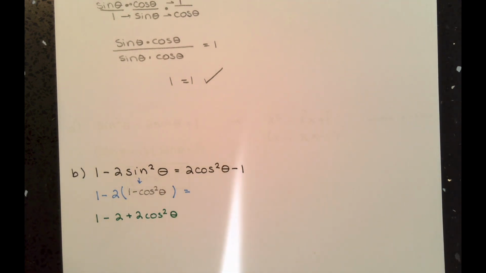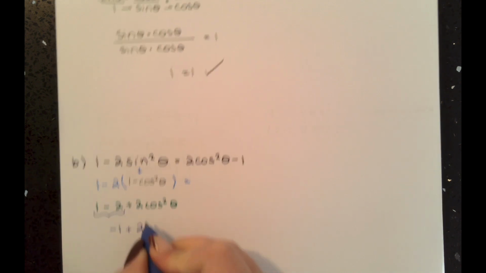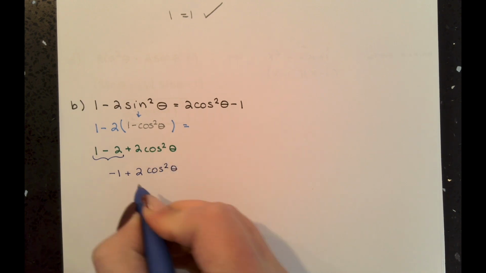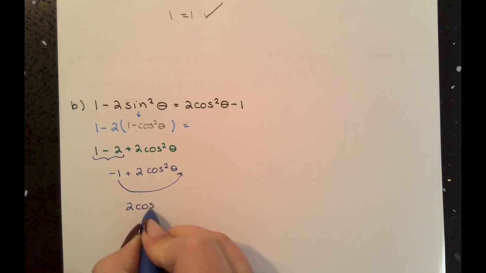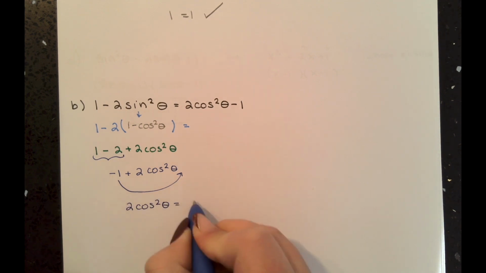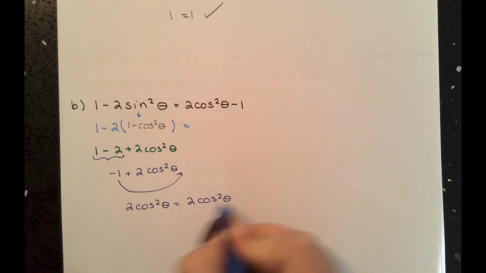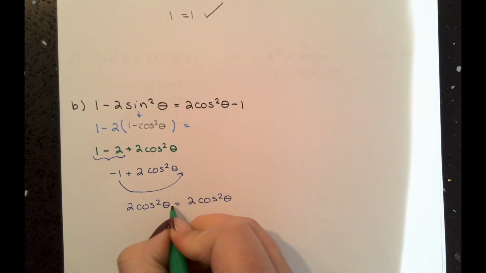This is just subtracting. We have negative 1 plus 2 cosine squared of theta. I'm going to rearrange it. So we have 2 cosine squared of theta minus 1. Oops, I forgot my negative 1 here, so let's put it in right over here.